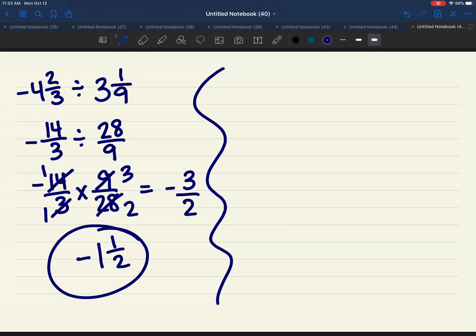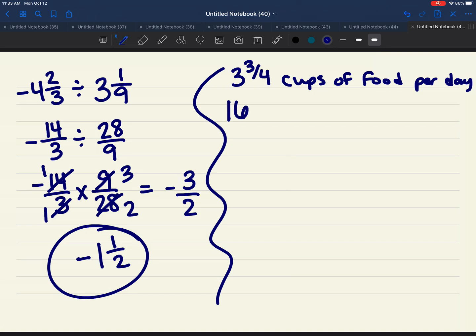Okay. All right, let's do a word problem. Let's say you have a dog that eats 3 3/4 cups of food per day. All right, and you bought a bag of food that has 165 cups.